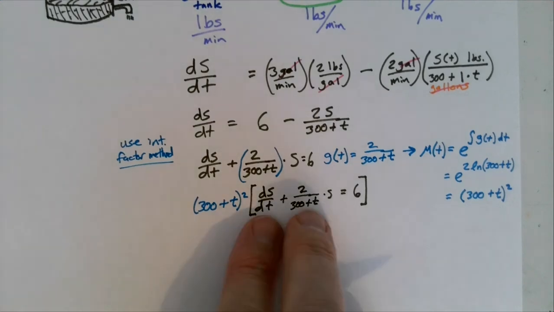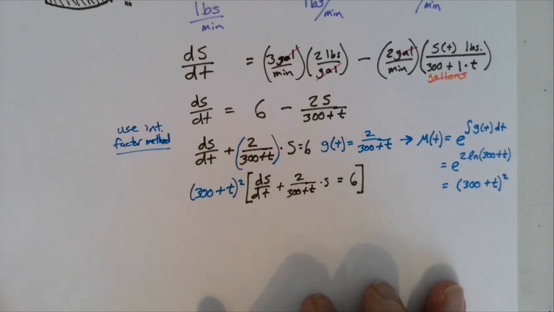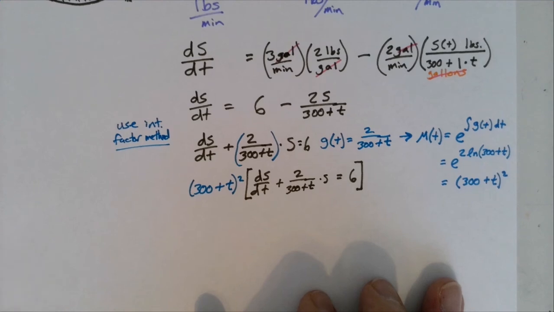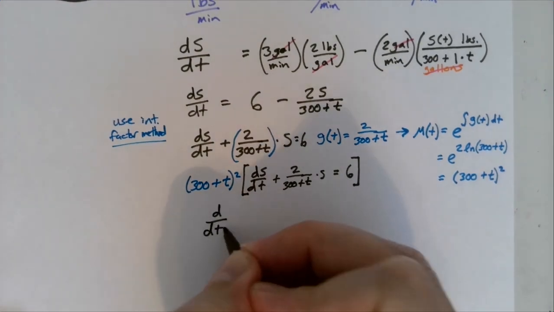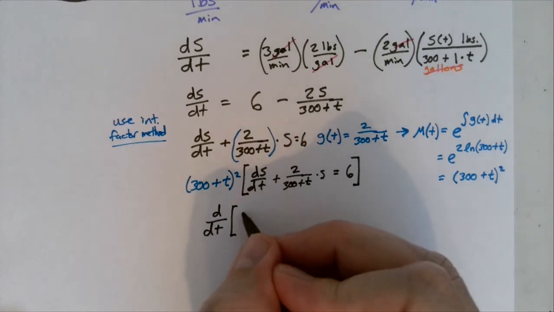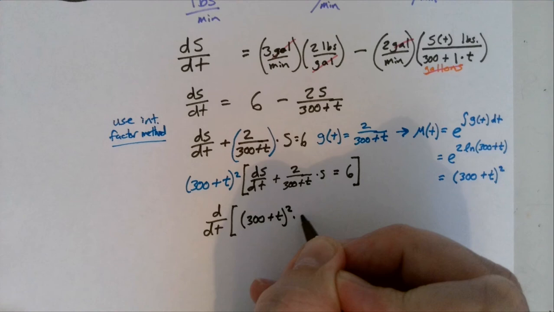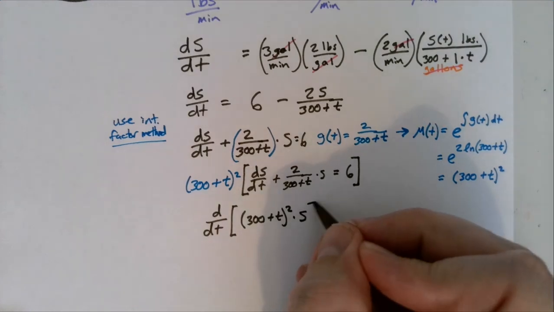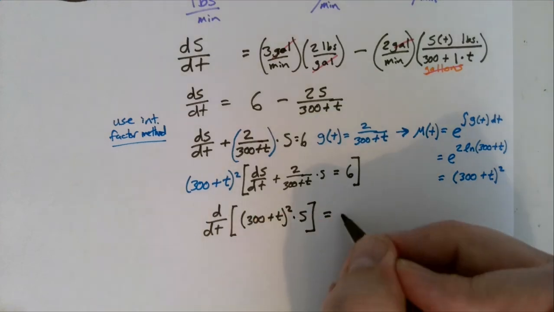I wind up with, on this side, if I did it right, the integrating factor times s, and that should be the derivative of that, the left-hand side. And so I get d/dt on the left-hand side of integrating factor times dependent variable, the derivative of that, and on the right-hand side, 6 times the integrating factor.